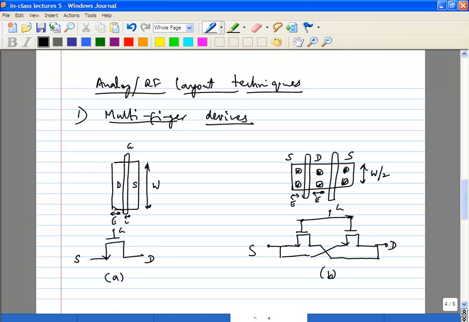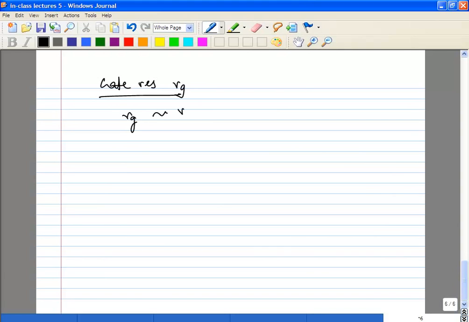In reality, that's not true because the actual gate resistance is a distributed quantity. Just like this transistor, there's a transistor all the way along, and each signal sees a different resistance. So there is an expression in terms of the number of fingers, but it will go approximately as Rg over 4 for 2 fingers.